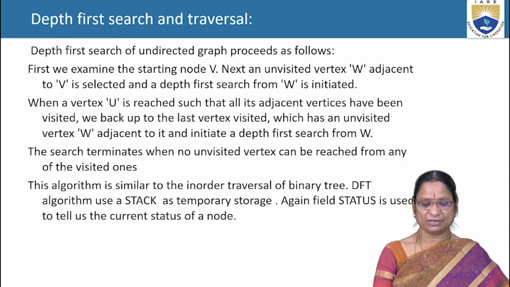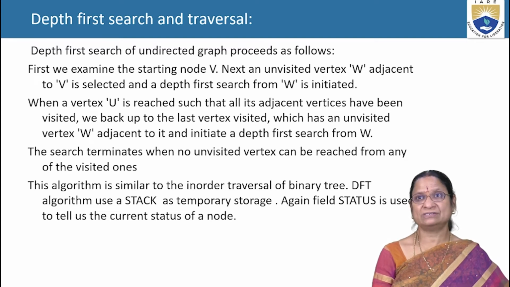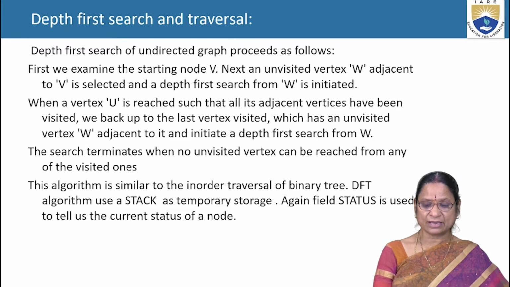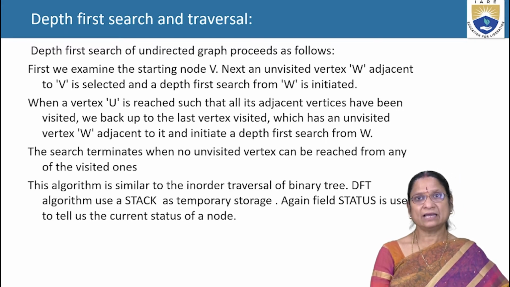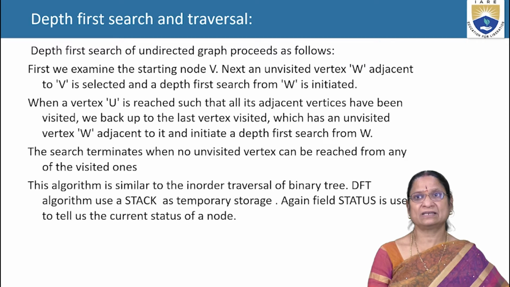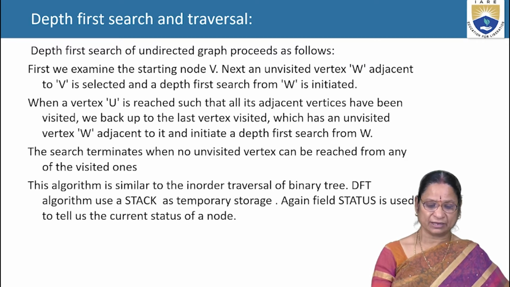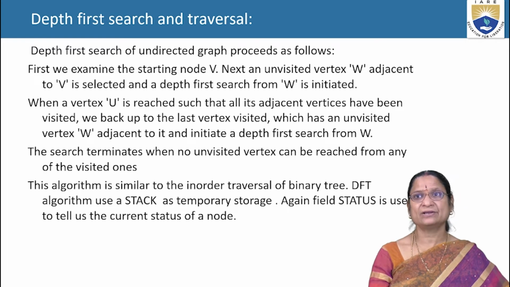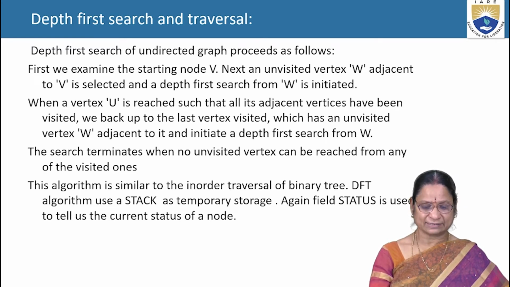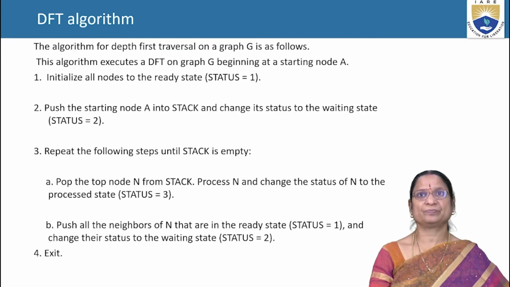The search is terminated when no unvisited vertices are available and our stack is also empty. The algorithm is similar to the ordered traversal of a binary tree. The DFT algorithm uses a stack as temporary storage, and again status is used to tell us the current status of each node.